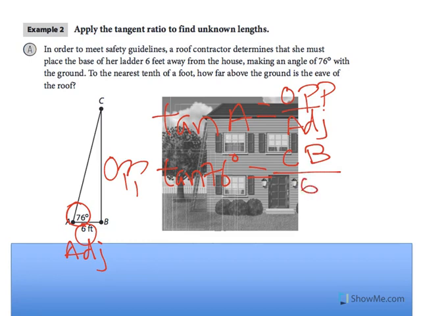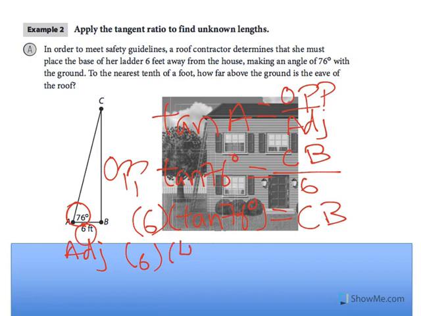So then to solve for B, this is 6 times tangent of 76 degrees equal to the distance from C to B. Then use your calculator to find tangent of 76 degrees. You would type in tangent on your calculator and type in the number 76, and then close the parenthesis and press enter or equal.